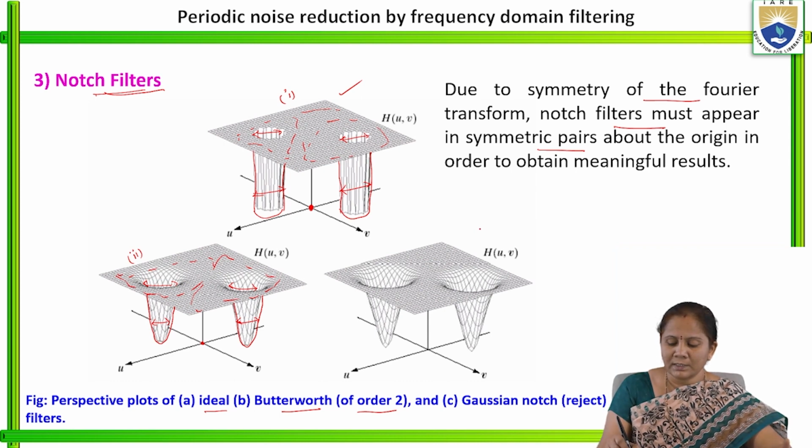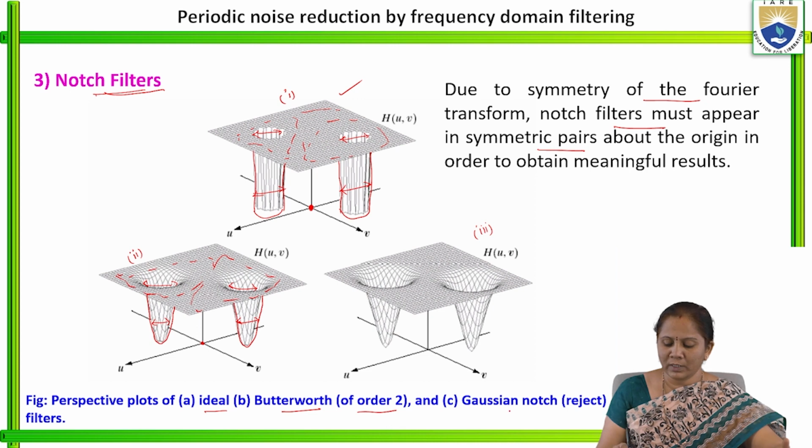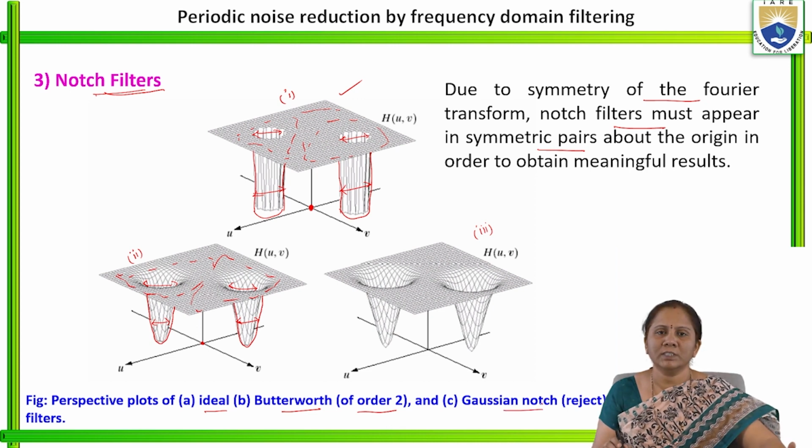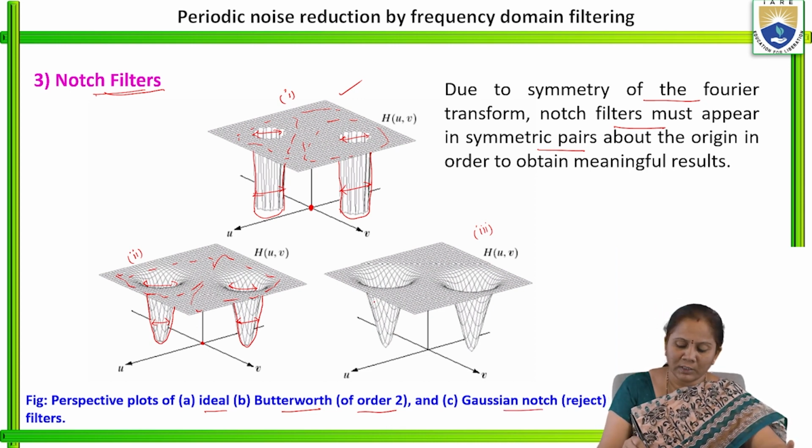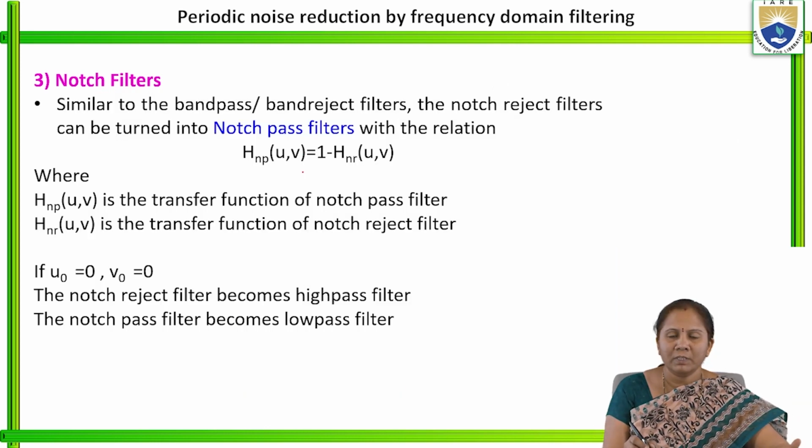And here this is the third one, the perspective plot for the Gaussian notch reject filter, and for this also we can observe a smooth transition. Here we have discussed notch filters, especially notch reject filters.